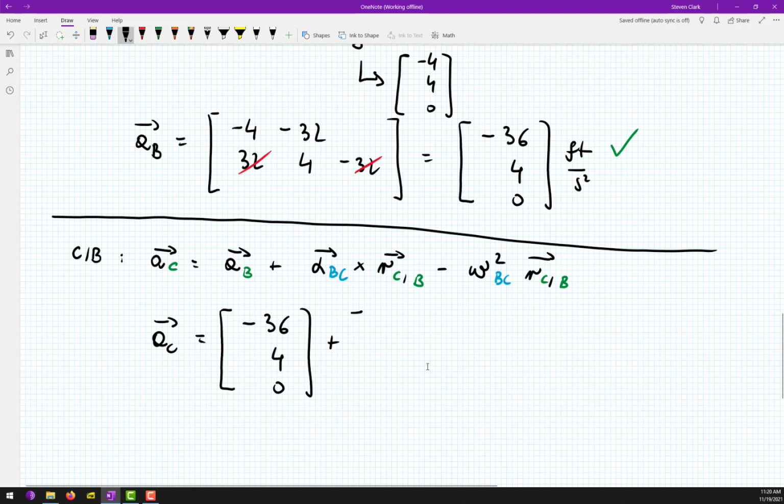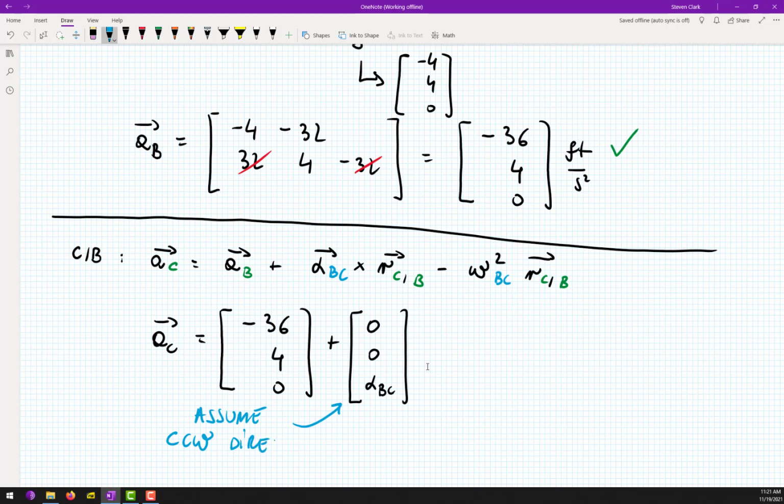And now this alpha of bar BC, we don't know that alpha BC, but let's assume it rotates in the counterclockwise direction, positive direction, times this vector.